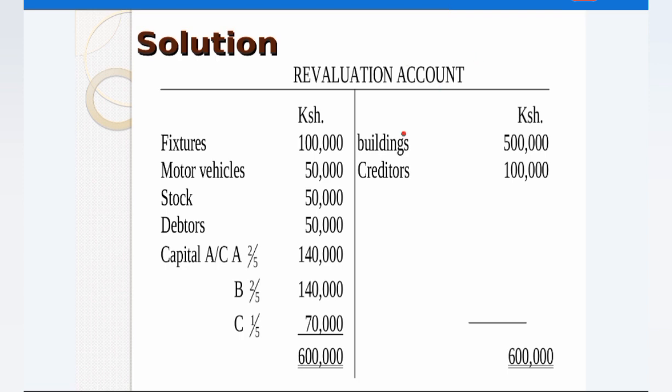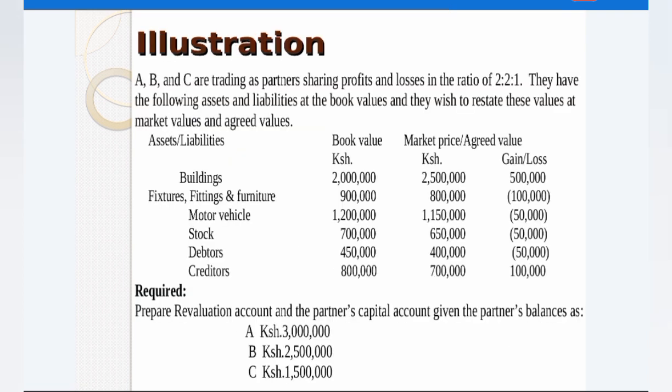We credit the account with gains, and you can see buildings 500,000 and creditors 100,000, totaling to 600,000. So if we bring the losses, the first one was for fixtures 100,000. You can see from our illustration here 100,000. Motor vehicles 50,000. Stocks and debtors 50,000 each.